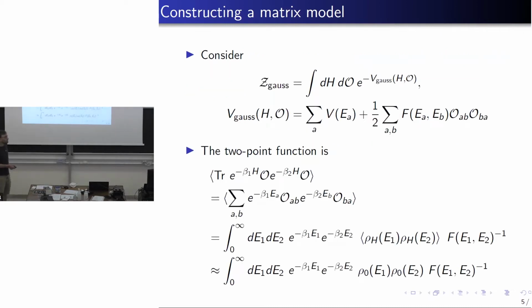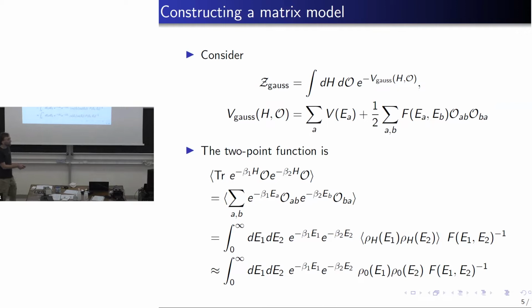Now let's compute the 2-point function. Here's the 2-point function. In the next line, I did a trivial rewriting of this just to make some of the indices explicit. And then in the line after that, I did the Gaussian O integral, so that gives me a 1 over F. Also I changed this sum over the indices A and B to be an integral over the density of states. Here rho sub H is the density of states of the matrix H, and I just rewrote the sum as an integral of the density of states.